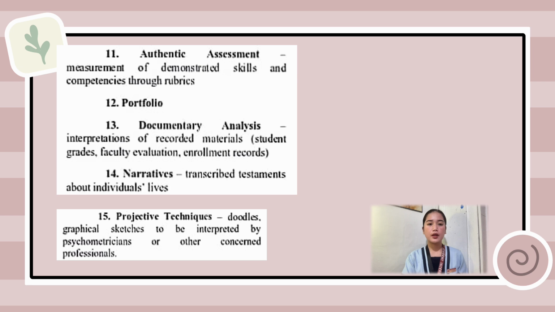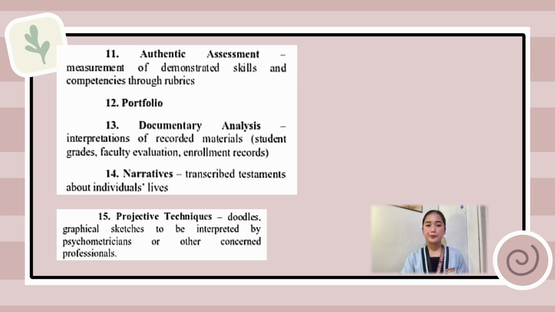For example, analyzing student grades might reveal trends in academic performance across different courses or student demographics. This type of analysis helps researchers understand the context and meaning behind these documents, providing valuable information for decision making and further research.